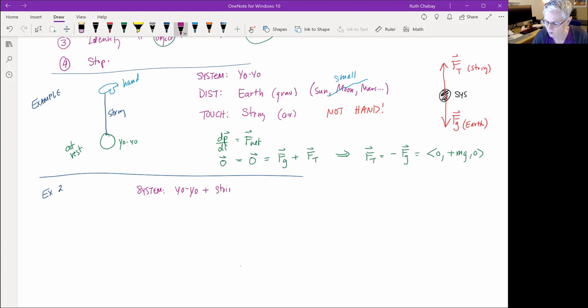So it's okay to have more than one object together. It's a compound object in the system. In that case, the objects in the surroundings interacting at a distance are still the Earth. But now the things touching are the hand and the air.